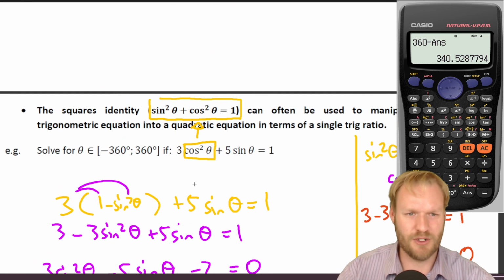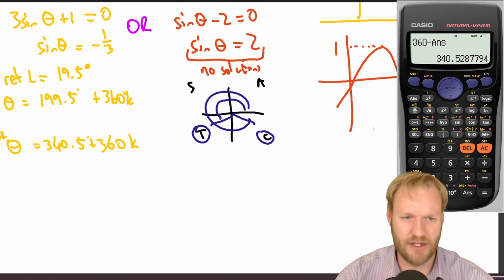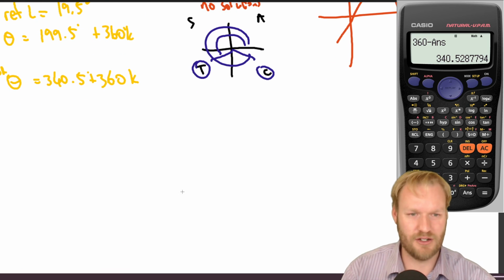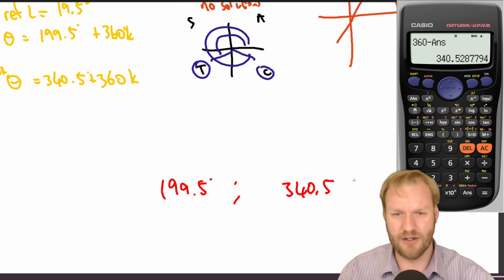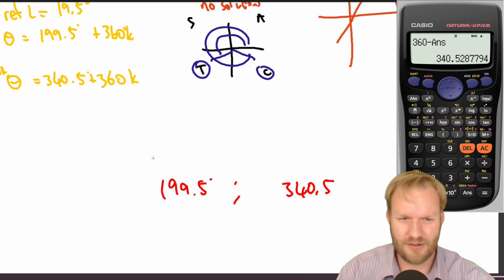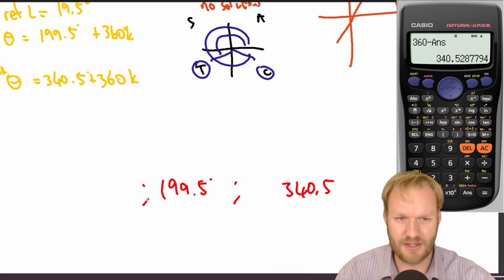Now it's said between negative 360 and 360. So now we get however many solutions there are. So we've got 199.5. We've got 340.5. Well, clearly if we add 360, we're going to go too far. The period of this graph is 360.